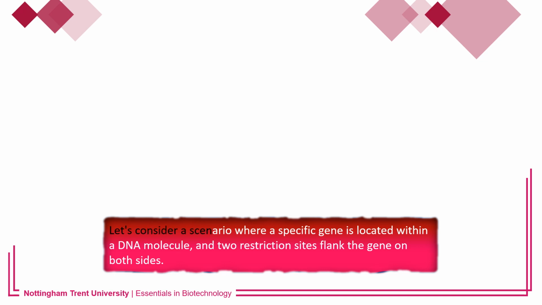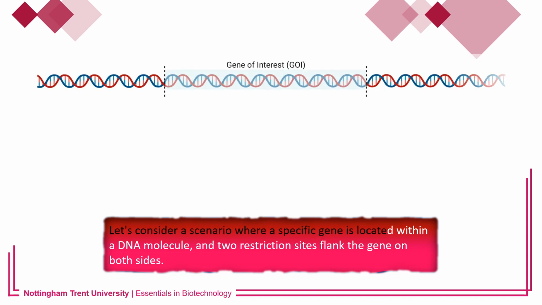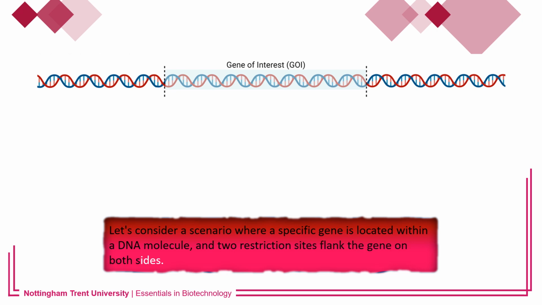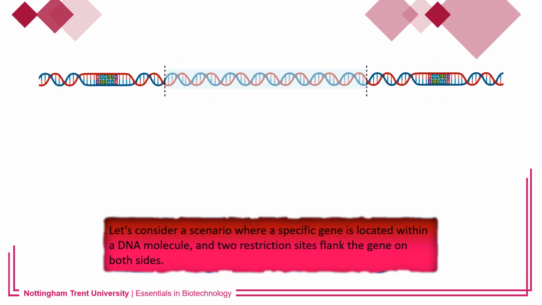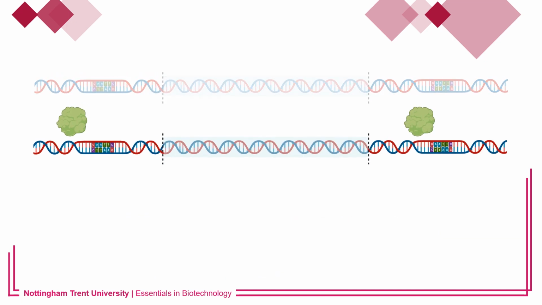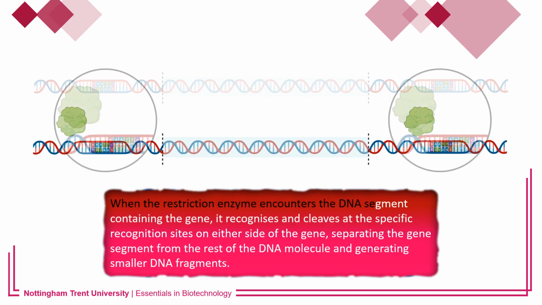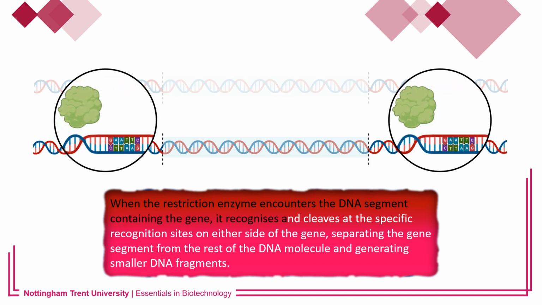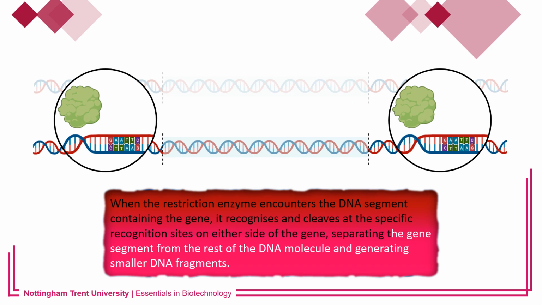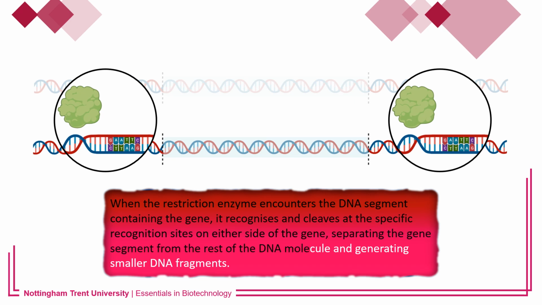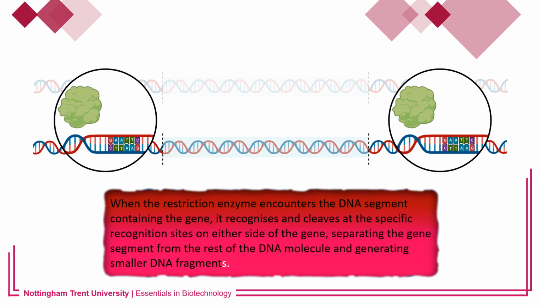Let's consider a scenario where a specific gene is located within a DNA molecule, and two restriction sites flank the gene on both sides. When the restriction enzyme encounters the DNA segment containing the gene, it recognizes and cleaves at the specific recognition sites on either side of the gene, separating the gene segment from the rest of the DNA molecule and generating smaller DNA fragments.